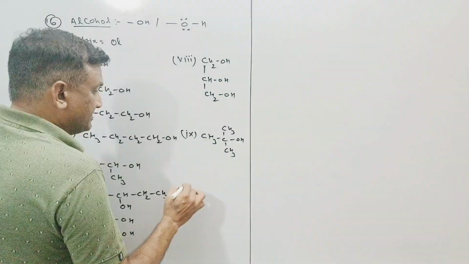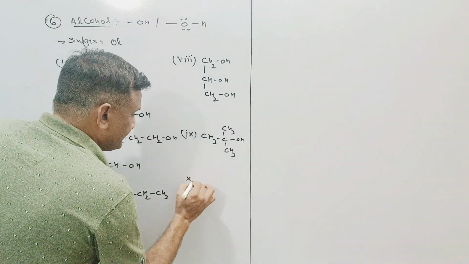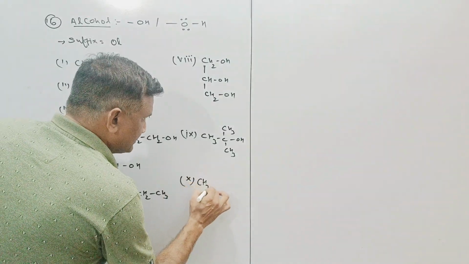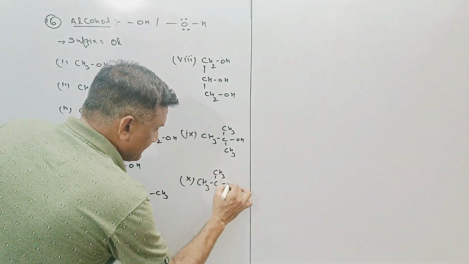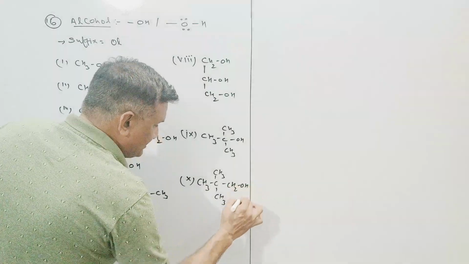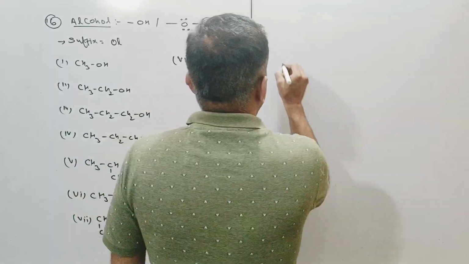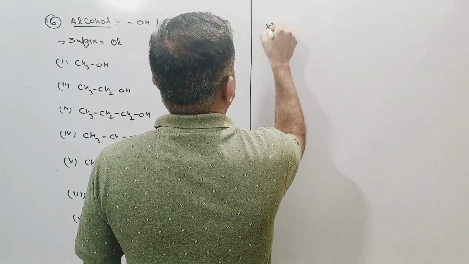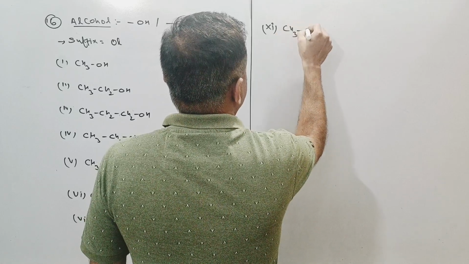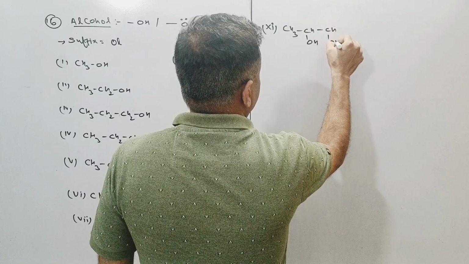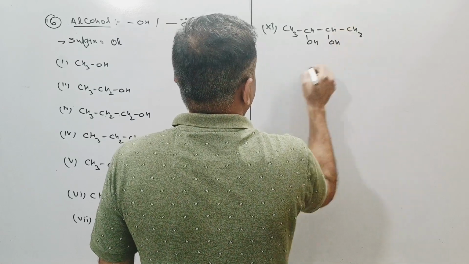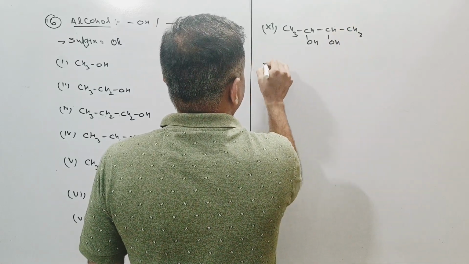CH3OH is the 10th compound, and we can take CH3C, CH3, CH2OH as the 11th compound, CH3CHOH, CHOH, CH3 as the 12th compound.